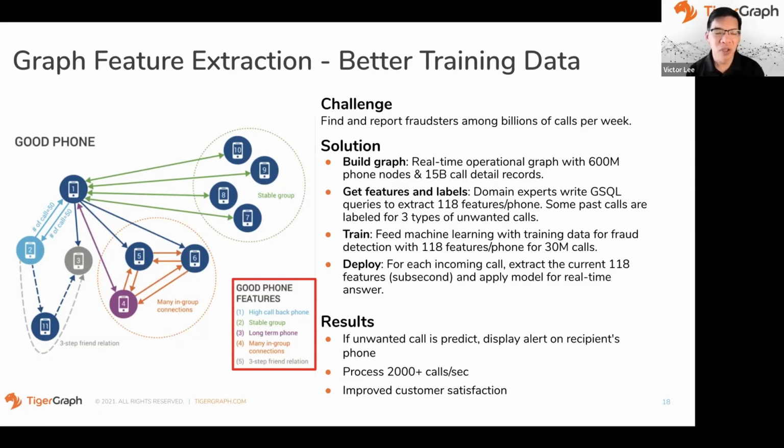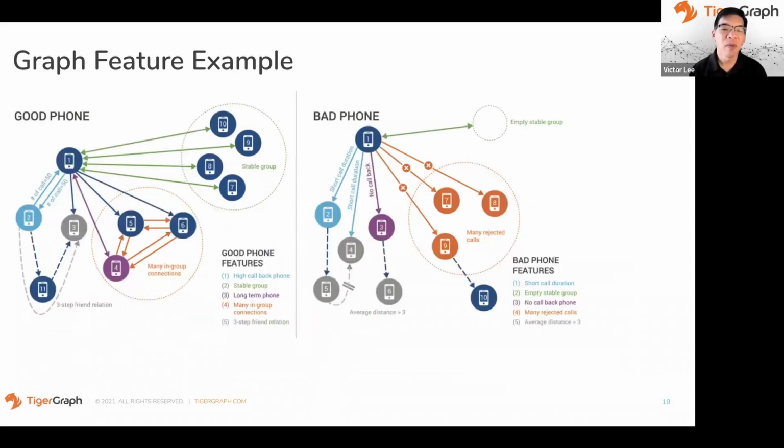And each of these features produces a score. Maybe it's yes, no, maybe it's how often that pattern occurs. And so you get a feature vector. And then using that feature vector, we can train it to detect in which cases this caller, the hub caller number one, the source caller, is somebody who might be a spammer or a scammer.